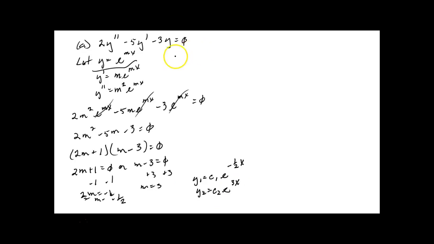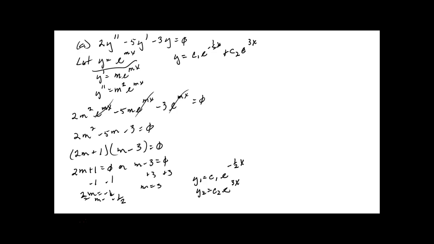So here's your solution. y is equal to c1 e to the minus 1/2 x plus c2 e to the 3x. There it is. Take this, take derivatives, plug them back in, and you'll see it's guaranteed to go to 0.